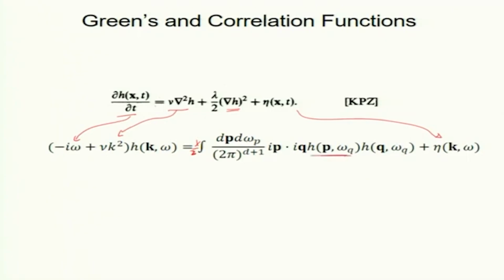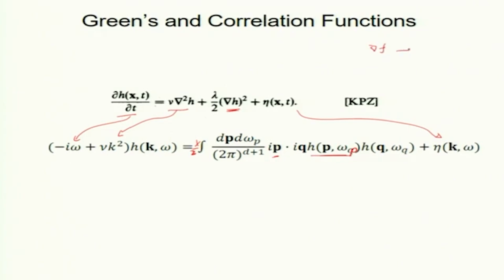So, this is h of p, omega p, and this is h of q, omega q. Omega is a frequency, so I have two different frequencies. This grad h gives you one p; gradient gives you a wave number.